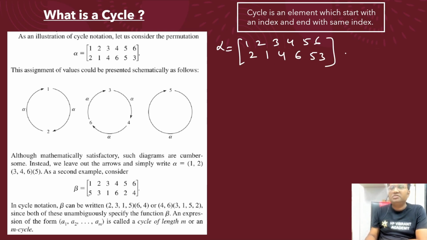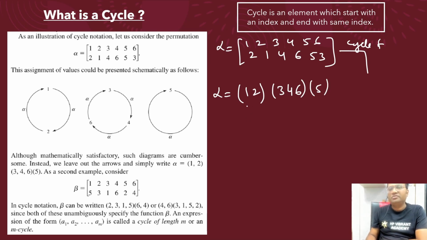Let us write it in cycle form. 1 goes to 2, 2 goes to 1. This is closed. Now 3 goes to 4, 4 goes to 6, and 6 goes to 3. This is closed. And 5 goes to 5. So these are the cycles.